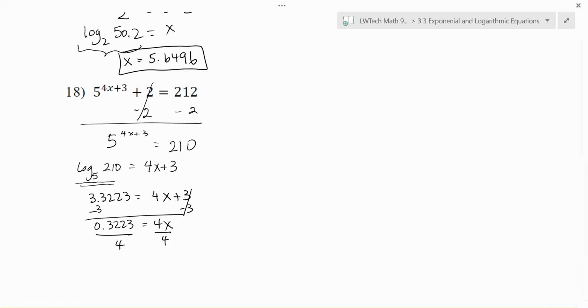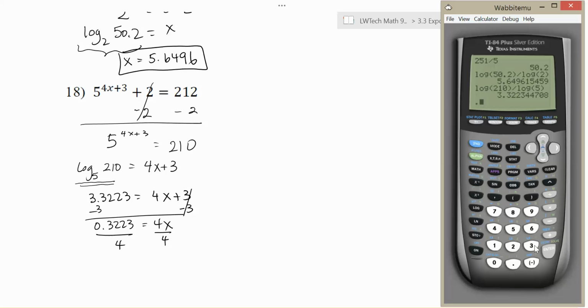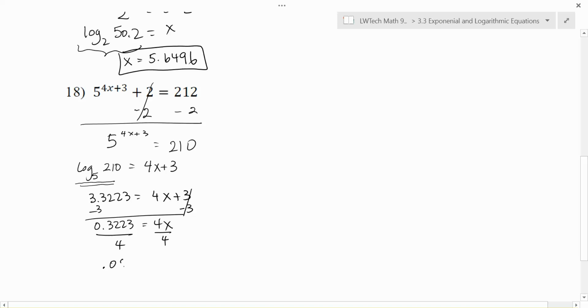So I'll need to do 0.3223 divided by 4. And in this case, I'm going to get 0.080, and then we'll round that up to 0.6. And that will get my x value alone.